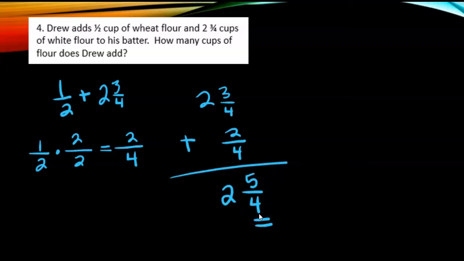But remember, 5/4 is an improper fraction. You're going to have to change this to a mixed number and add that whole number back into the 2, and your fraction left over will be your answer along with your new whole number.